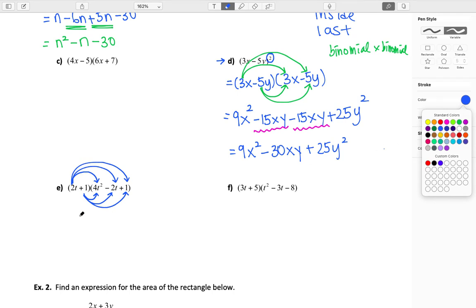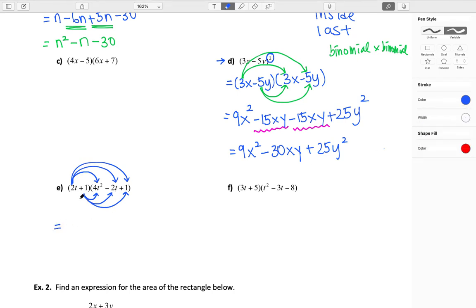So let's collect the like terms, do the distributive property. So 2t times 4t squared, 8t, because there's an invisible 1, you add the exponent, t cubed. And then 2t times negative 2t, negative 4t squared. 2t times 1 is plus 2t. So we are done with the arrows for the top. Now let's do the bottom arrows.